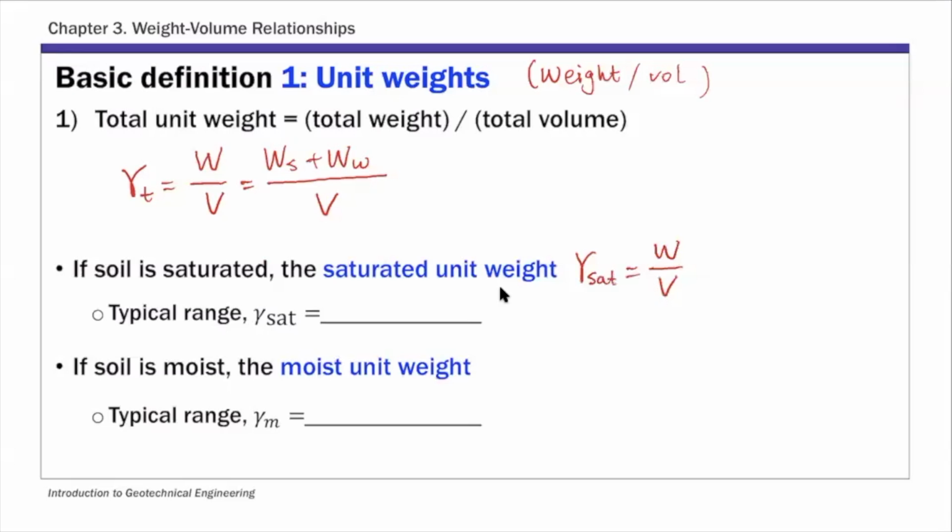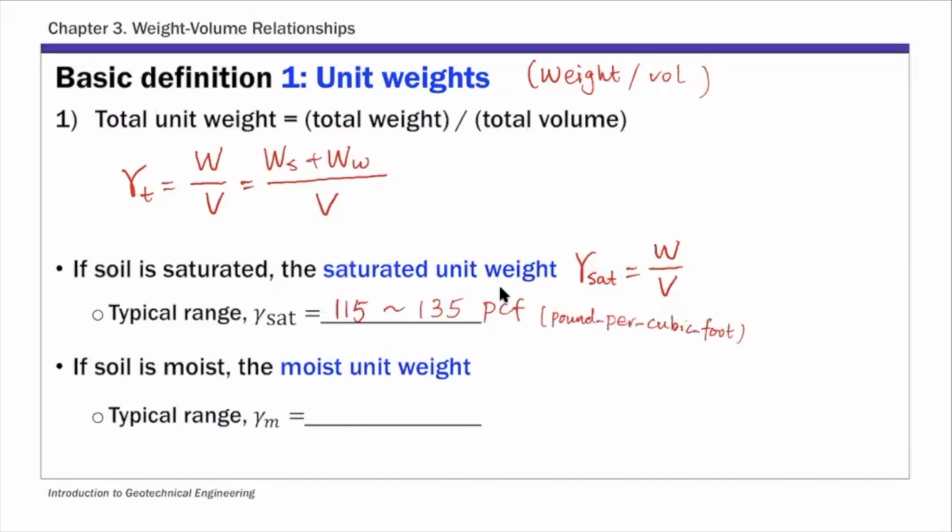And the typical range for saturated unit weight for natural soil is 115 to 135 pounds per cubic foot. Okay. So that's the typical range of saturated unit weight for natural soil, 115 to 135.